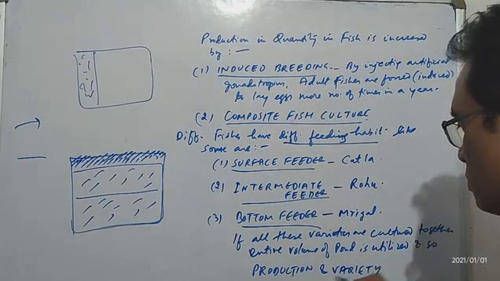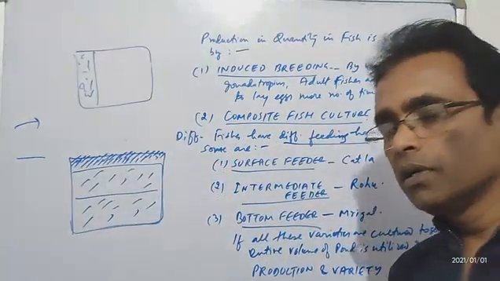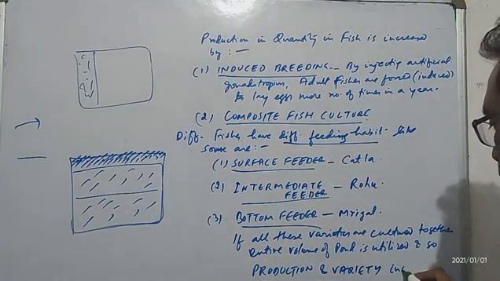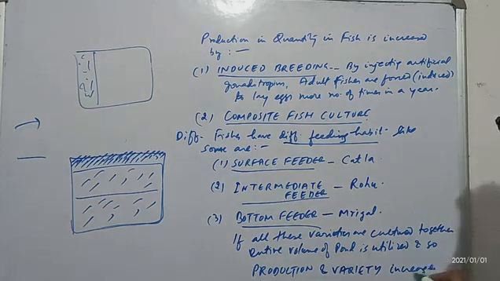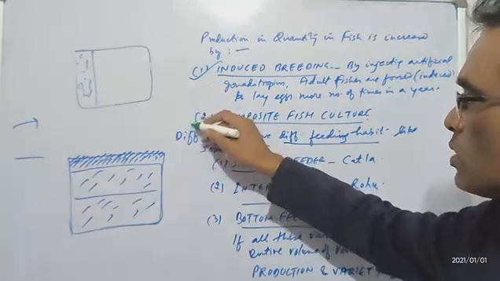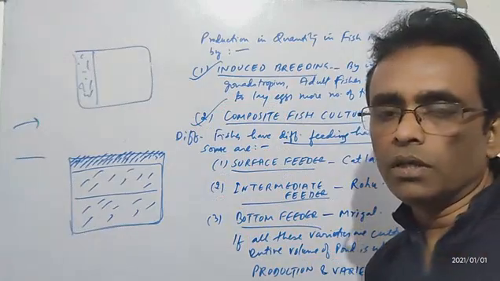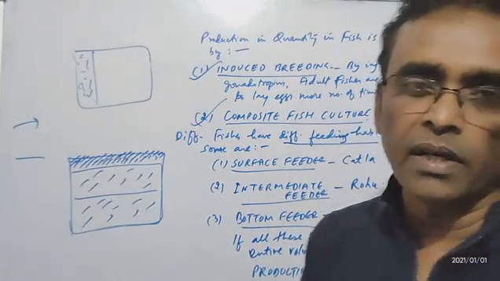Now you are able to produce 3 different varieties. The production and variety both increase. So these 2 things are also taken care of to improve the food resources in the fish condition.